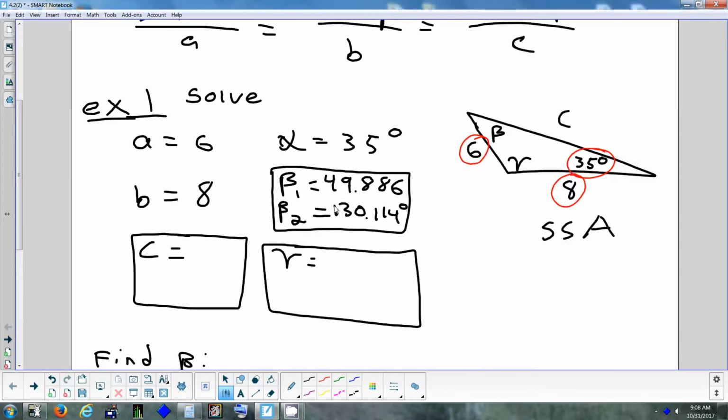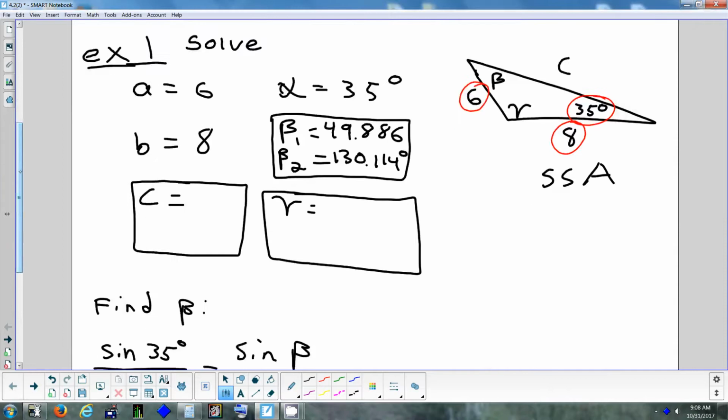So Alex, if I've got 2 answers for beta, what else am I going to have 2 answers for? C and gamma. Yep. You're not going to have 2 answers for the stuff that was given. That stuff that was given, we don't have to do anything with it. It's just the stuff that you have to find.